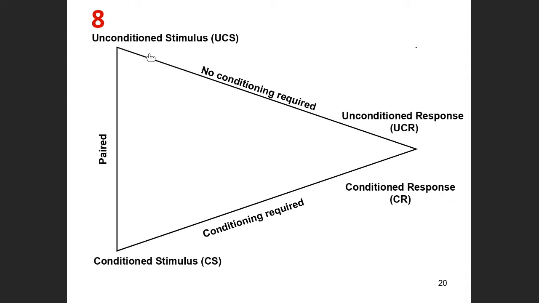So the unconditioned stimulus, there's no conditioning required for that response, the unconditioned response. With the conditioned stimulus, you do have to have conditioning required to get the conditioned response. So I'm going to go to Watson's work with little Albert.